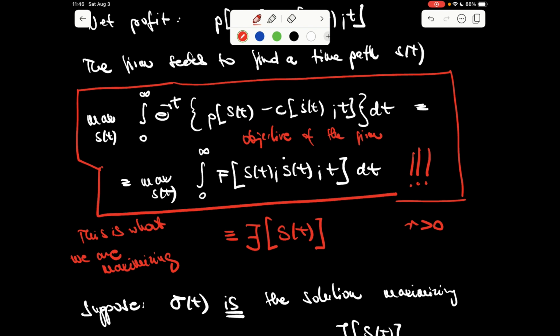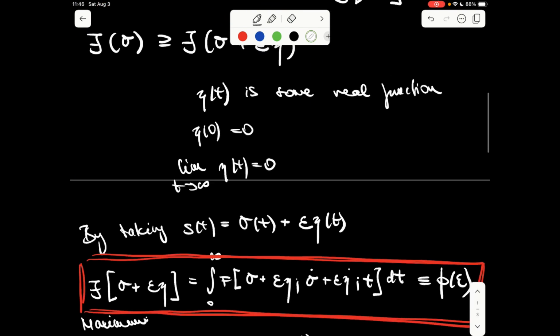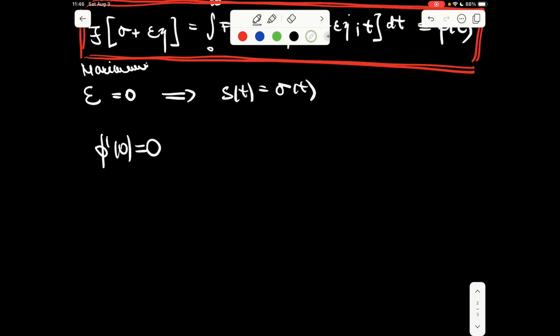So now we differentiate this functional with respect to the capital path st. So the basic principle is the same. If we maximize a functional in terms of a function, we differentiate the functional with respect to the unknown function, and hopefully we will find the solution.